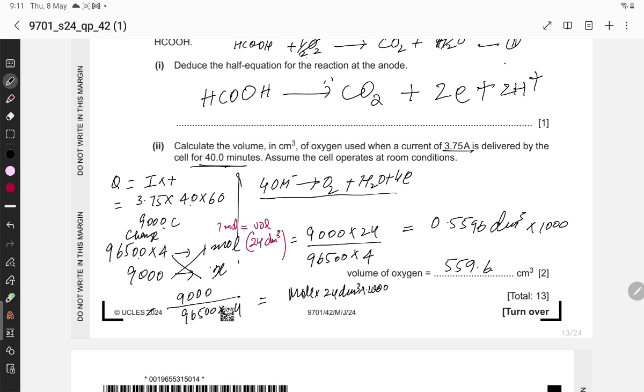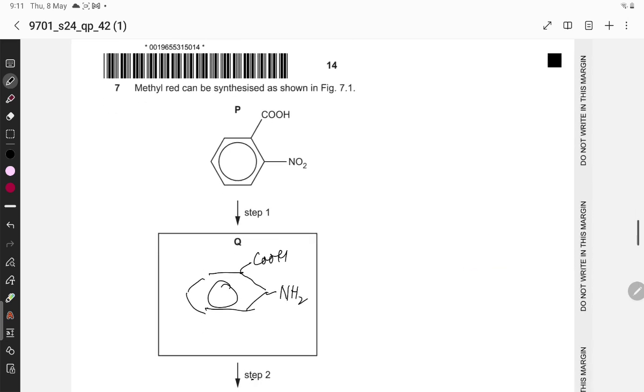And we know that 1 mole of all gases has volume 24 decimeter cube. So 1 mole of gas is equal to 24 dm cube. So 9000 into 24 divided by 96,500 into 4. The answer is 0.5596 dm cube. It is in centimeter cube, so multiplied by 1000 to form 559.6 centimeter cube volume of oxygen gas.